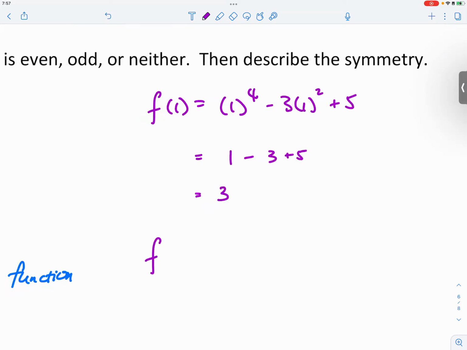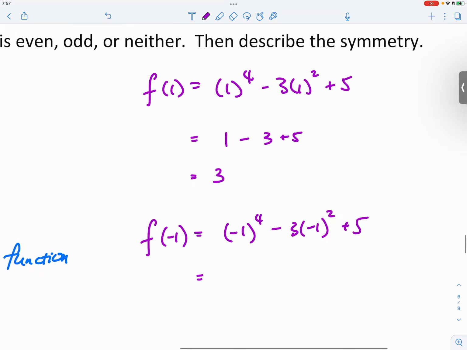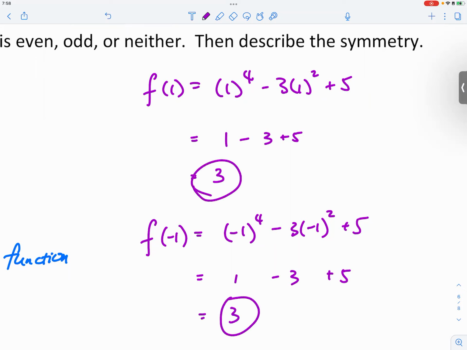Okay, and then the student will put in f of negative 1 and then compute what f of negative 1 is equal to. Okay, if you're pretty good with math, you realize that the negative is being raised to an even number power. So, hey, the negative, it's gone. So you got exactly the same thing. And the fact that these two are the same numbers would also prove that, hey, it's an even function.